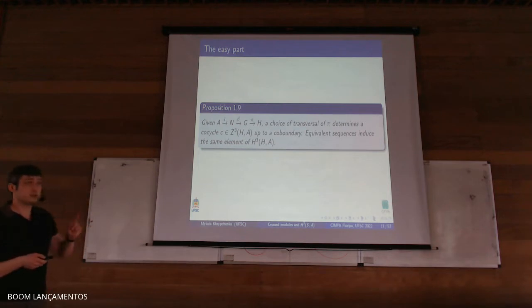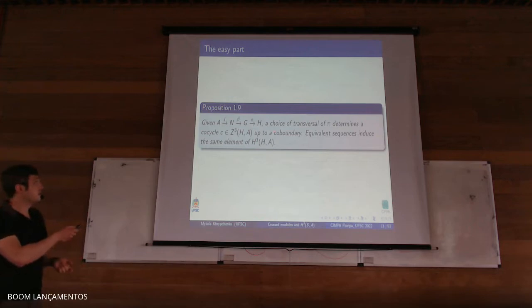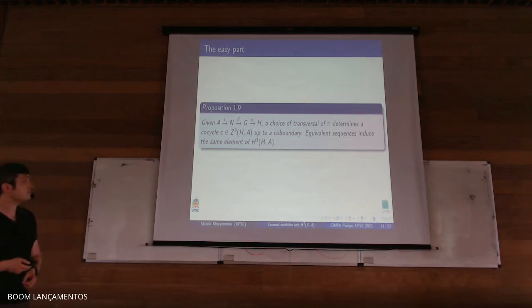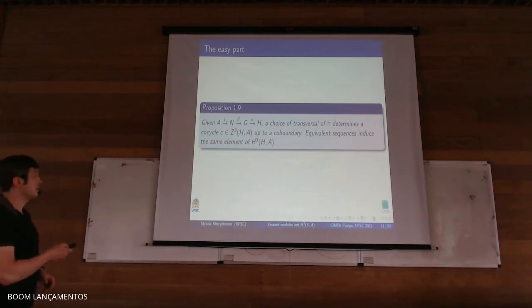But now it's not a 2-cocycle. If you apply the boundary operator, then it gives you something which depends on three variables, and it is in fact a 3-cocycle. And you show that this 3-cocycle is, up to boundary, invariant under the choice of the transversal. So this gives you a well-defined element of the third cohomology group. So this way is standard.